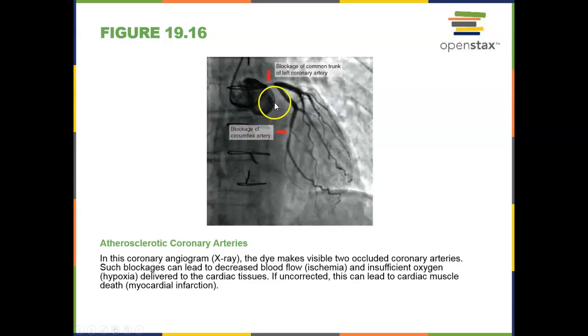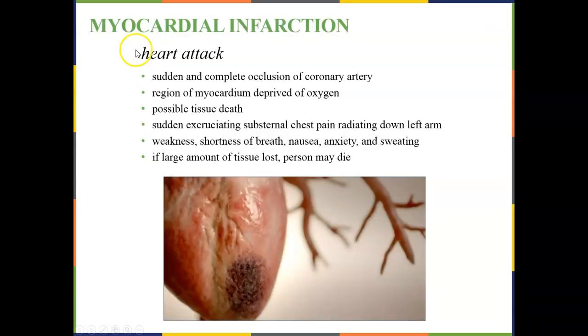This is an angiogram showing a blockage in the left coronary artery and then in the circumflex artery off that left coronary artery. If there's a blockage and it's a complete blockage, it can actually lead to tissue damage or death, which then can lead to a myocardial infarction or a heart attack.